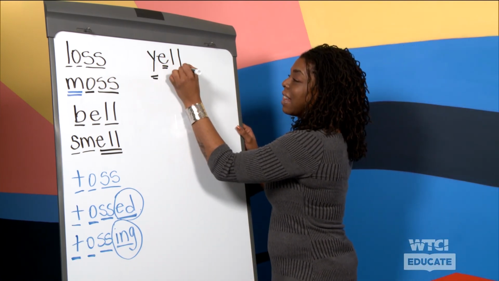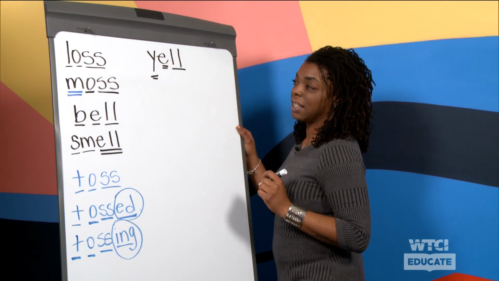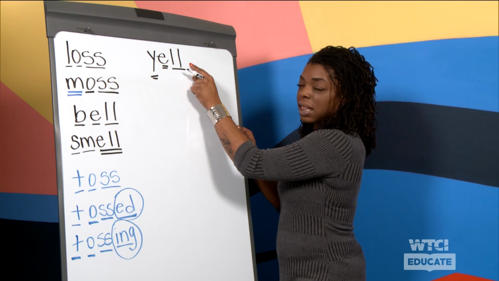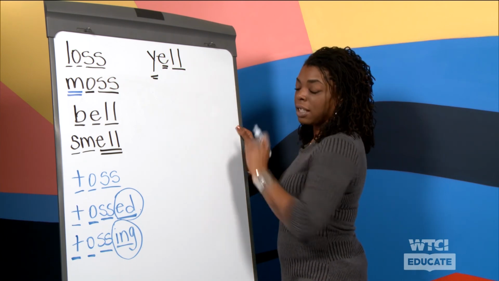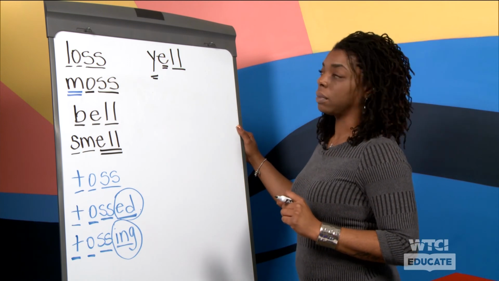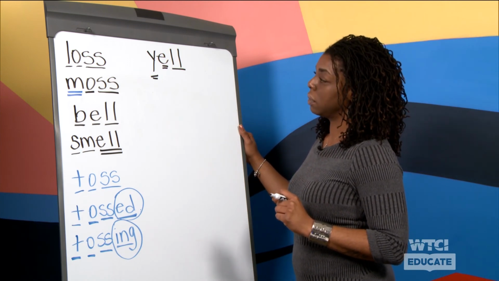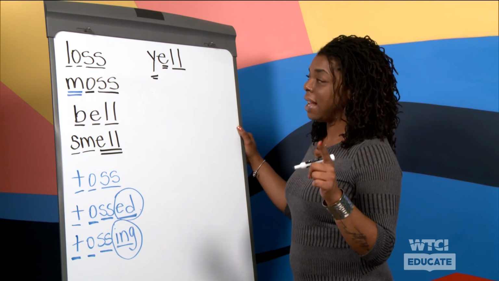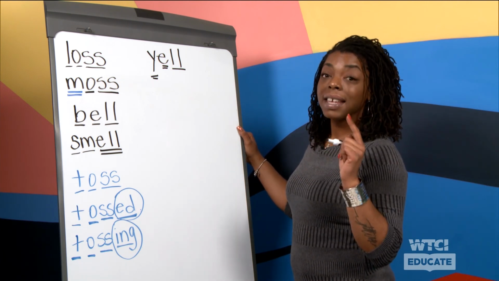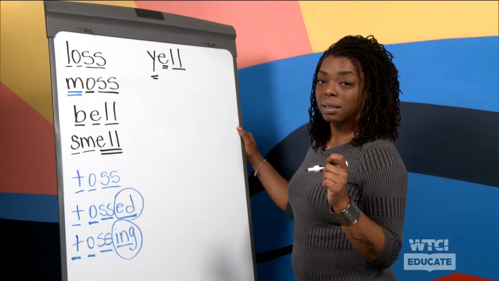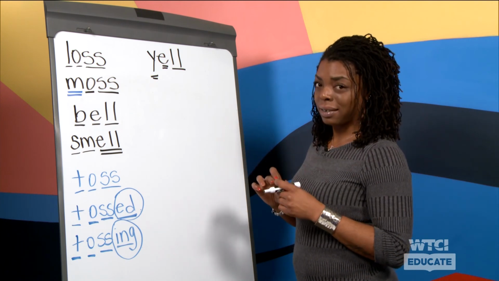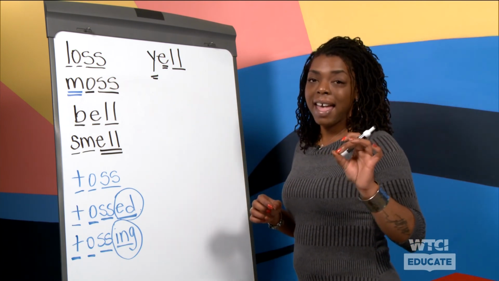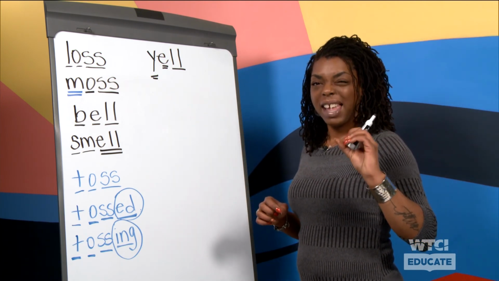That double letter L at the end of the word says L. Go ahead and write this word. Now I want you to attempt the next word before me. Yelled.